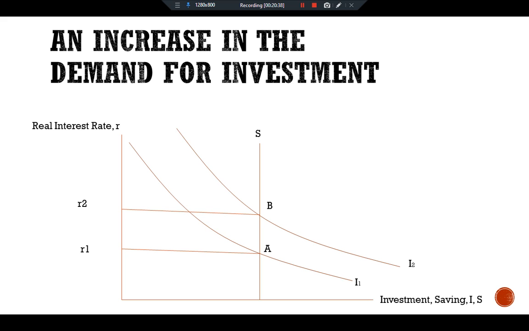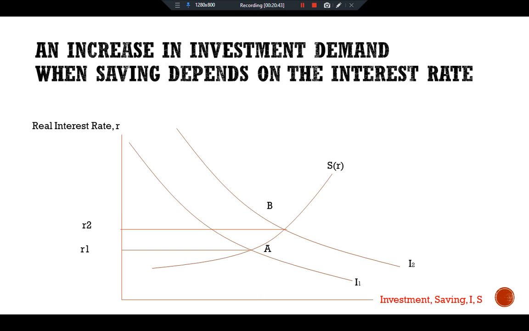So for further understanding, we develop an increase in investment demand when saving depends on the interest rate. With an upward sloping saving schedule, an increase in investment demand would raise both the equilibrium interest rate and the equilibrium quantity of investment.